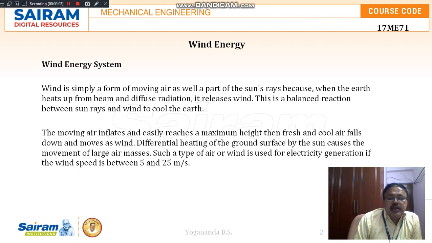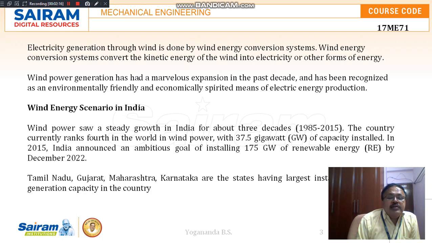Such a type of air or wind will be used for generation of electricity if the wind speed is between 5 and 25 meters per second. Electricity generation through the wind is done by the wind energy conversion system.